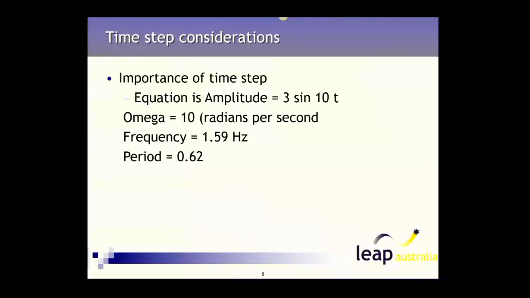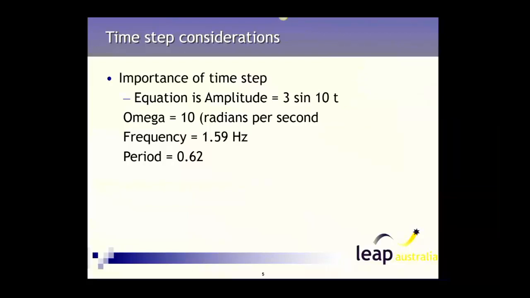Okay, so with a full transient simulation, we have this concept of a time step, because we're calculating a solution over a time duration with small time steps. So we need to make sure those time steps are small enough to capture all of the frequency content that your structure may have.